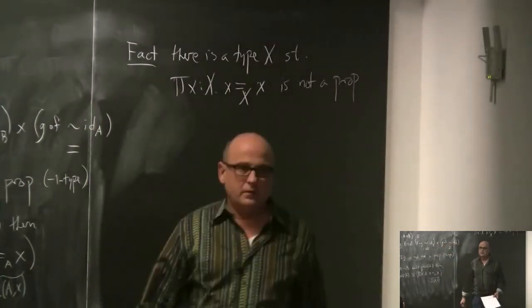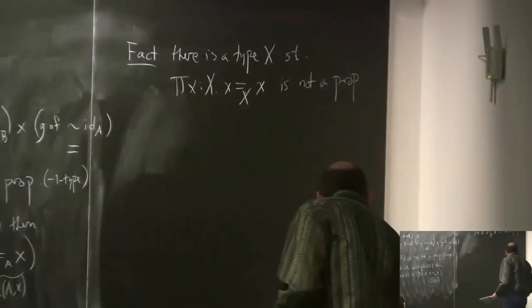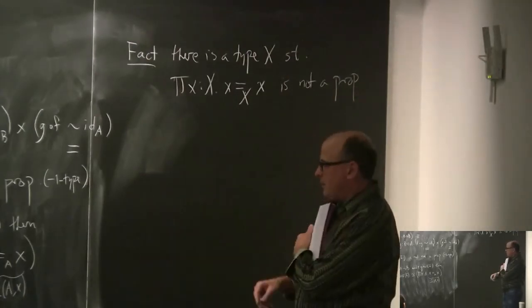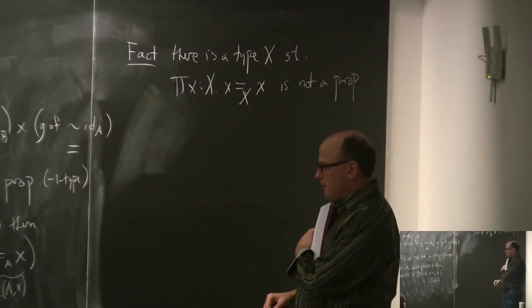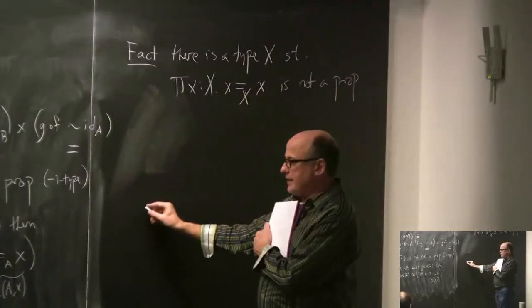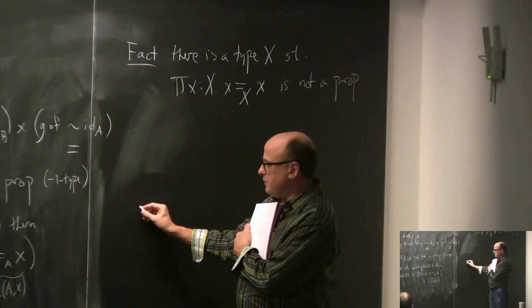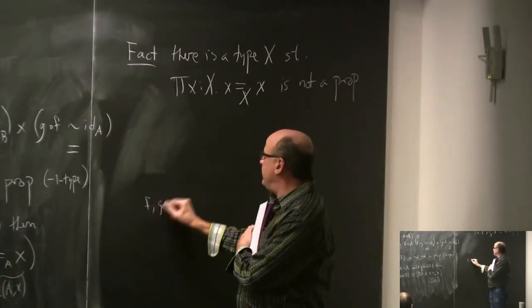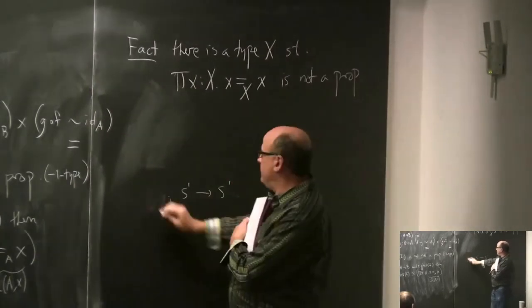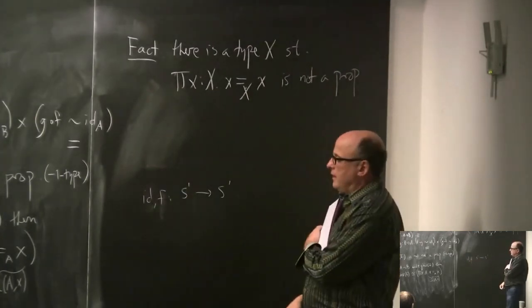We could have two maps from the circle to itself, one of which is the identity, which is clearly an equivalence, and one which just collapses everything down to the base point. One of them is an equivalence and one of them is not, but the statement on the right would be the same for either one. So we have the identity and we have K, the constant map that takes everything to the base point.